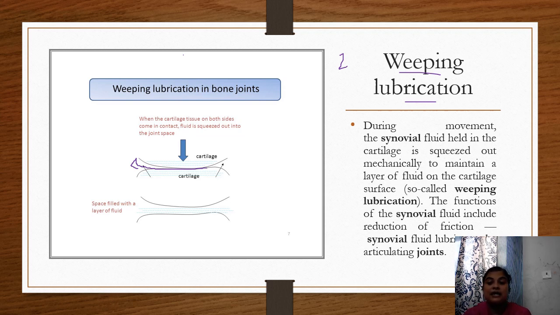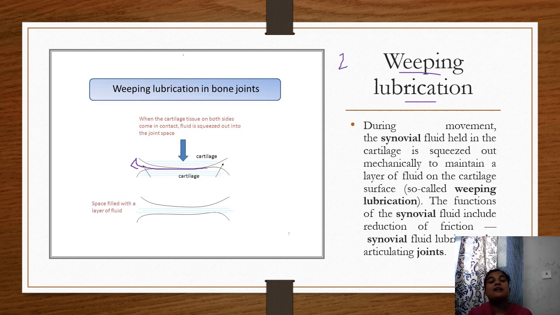During movement, the synovial fluid held in the cartilage is squeezed out mechanically to maintain a layer of fluid on the cartilage surface. The function of the synovial fluid, which you already know, is the reduction of friction, so it helps in weeping lubrication.